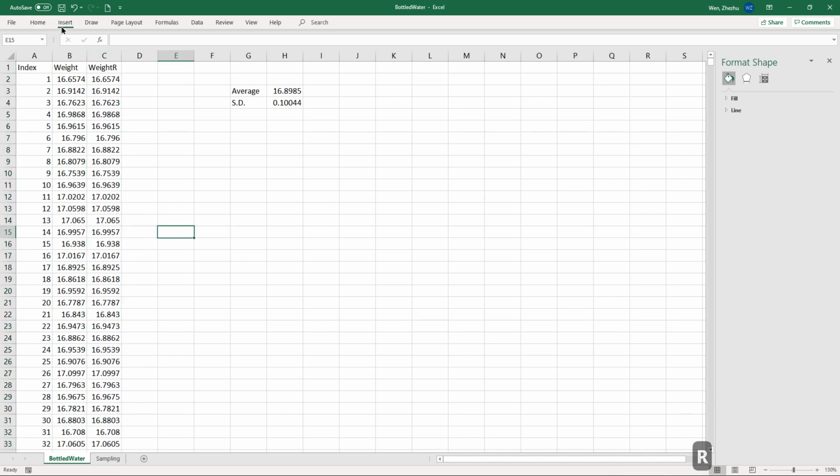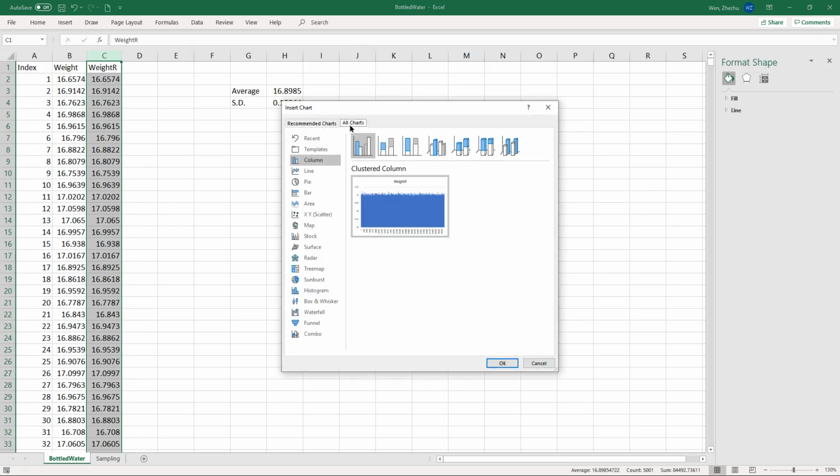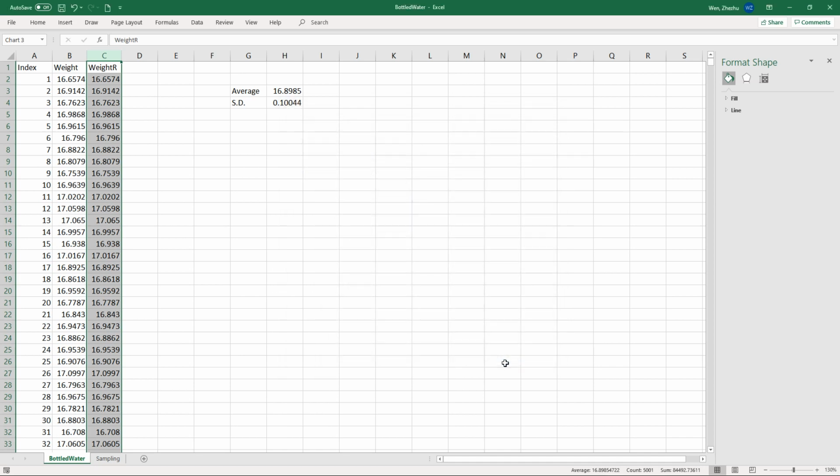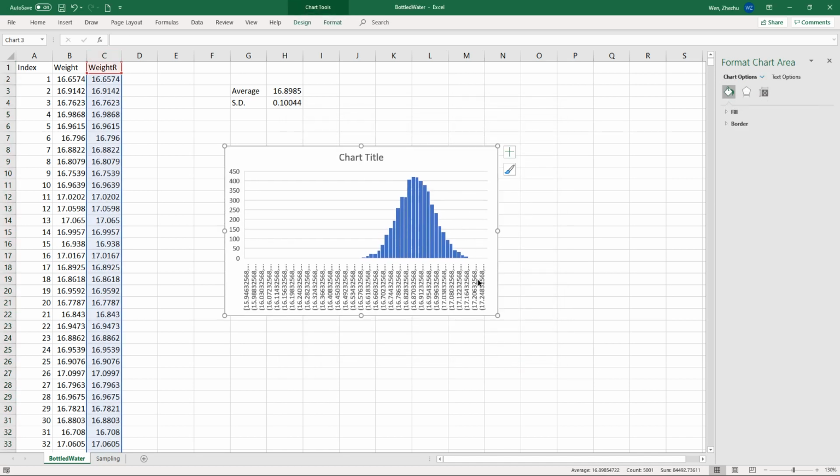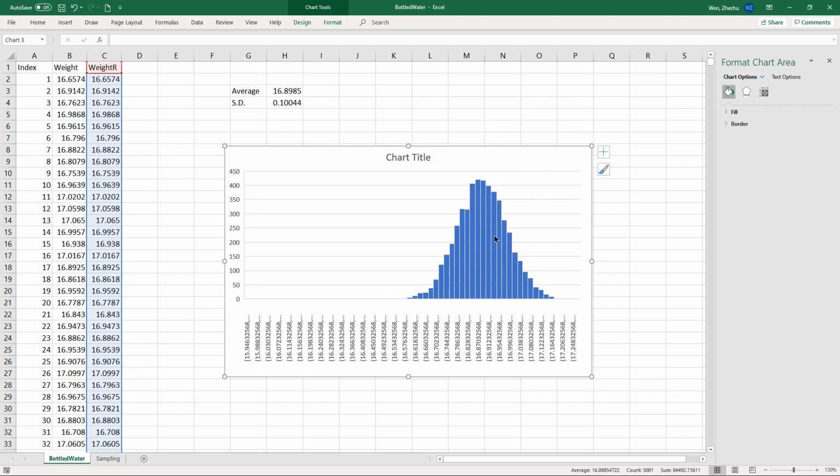So I'm going to highlight column C, insert, and then go to the histogram right here. You click OK. As you can see, our histogram is not quite centered. There's a reason, and I'm going to show you why this is so.